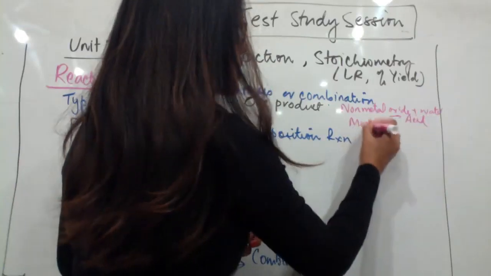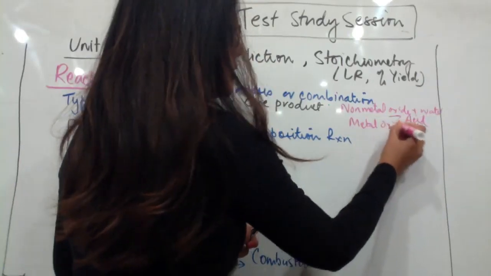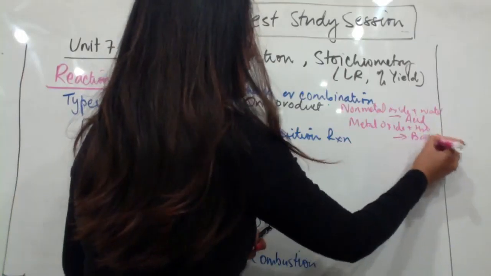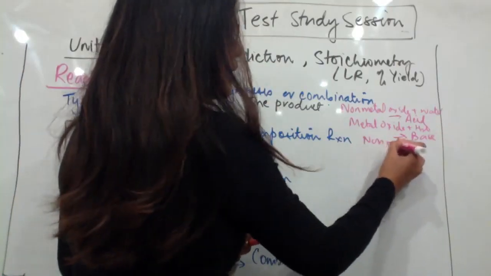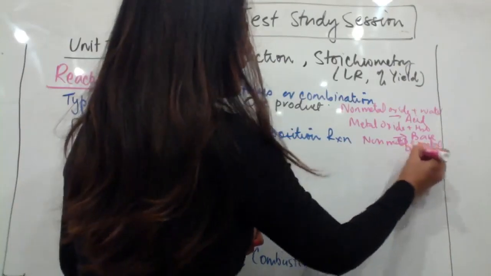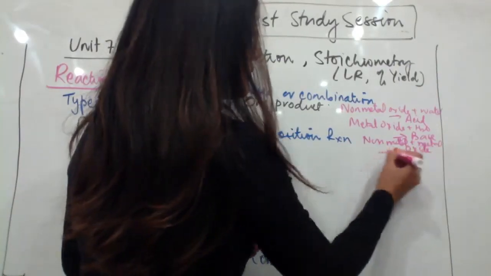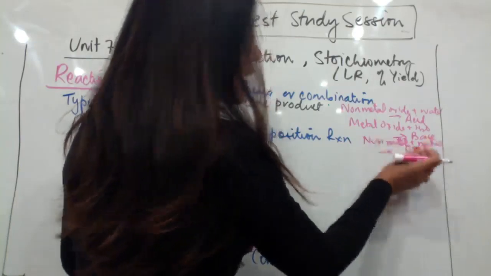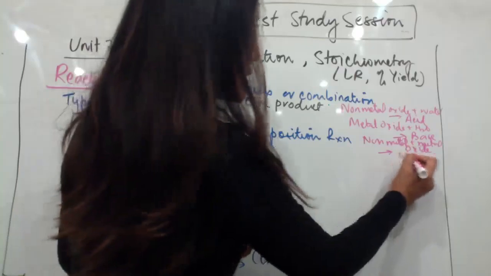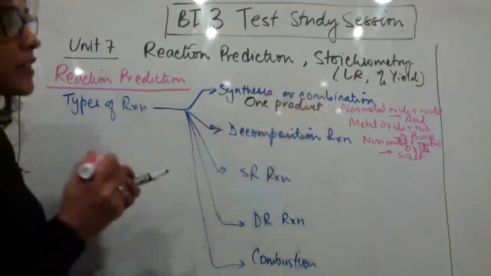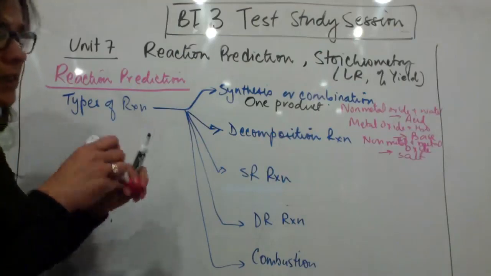A metal oxide plus water will form a base. A non-metal oxide and metal oxide will form a salt. You just kind of combine them both, right? It's called a salt, right? So these are the primary things. And telltale sign is one product.